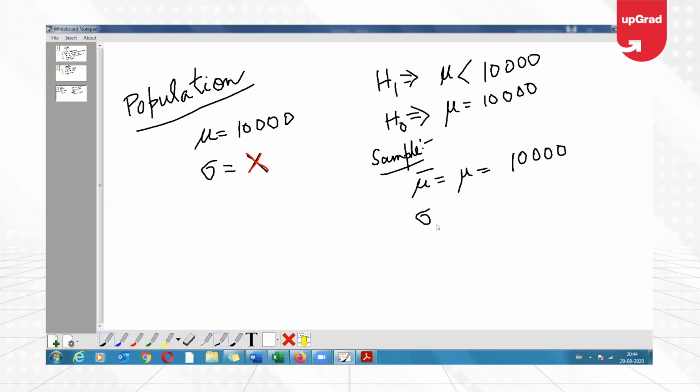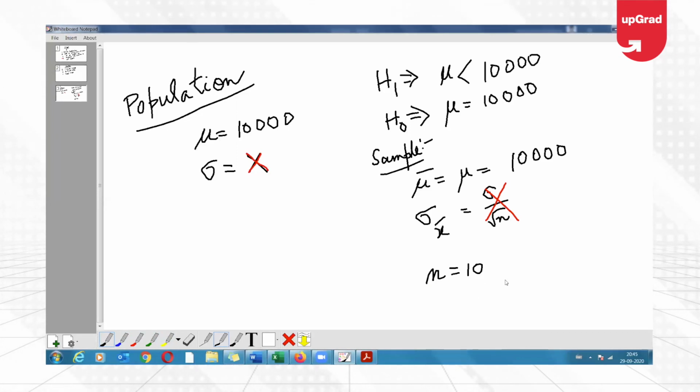Then sigma x bar is equal to sigma by square root of n. But unfortunately, in this case, we cannot do this because there is no sigma. I do not know the sigma. Okay, fair enough. Let's look at n, which is equal to 10.